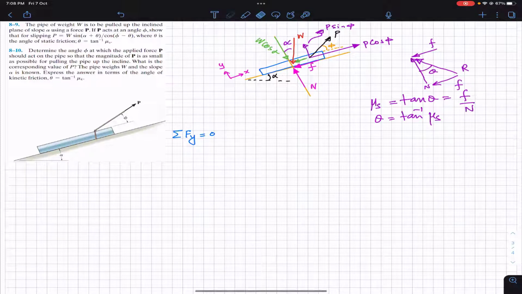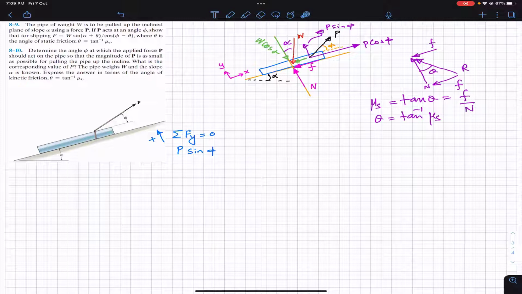So for the summation of forces along y, we have to add up all the forces or components along the y-axis. First of all, we have this P sine of phi, acting in the positive y direction. Our positive y is like this. So we will write P sine of phi.